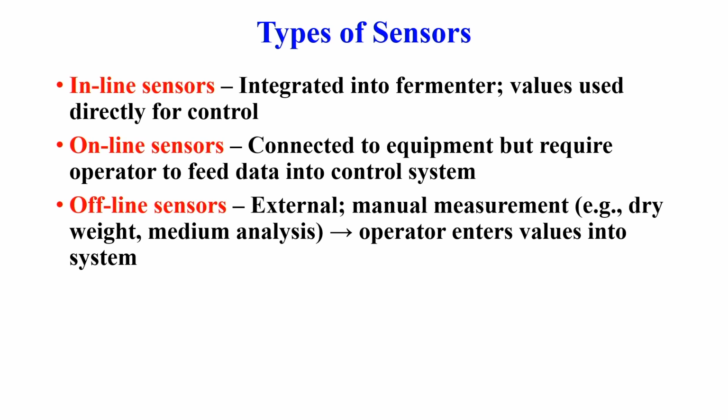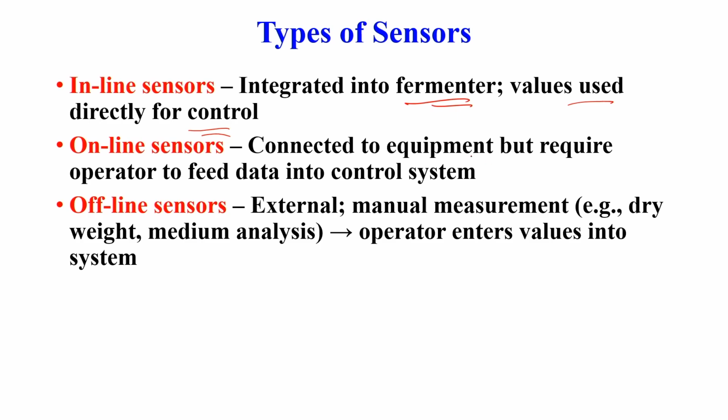Then once you are going to monitor, there are three different types of sensors. One is inline, second is online, and third is the offline sensor. Inline means they are integrated into the fermenter and values are directly transmitted to the control systems.